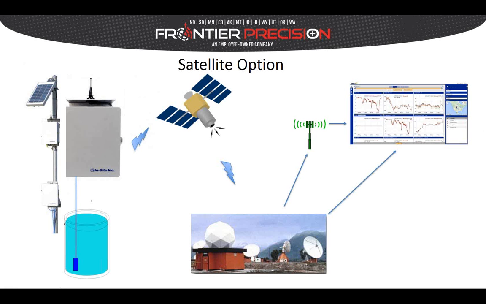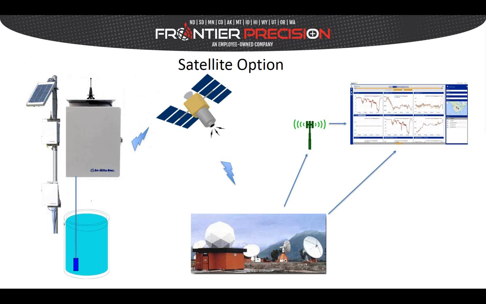This information is downlinked to a system and then rebroadcast to you via the internet, either going out directly over a hard line or through a cellular transmitter and then back to your office or to your mobile phone or tablet. So you use the same software and the same internet connection whether you have a satellite connection to your system or a cellular connection.